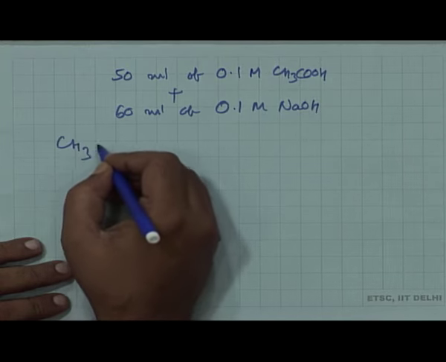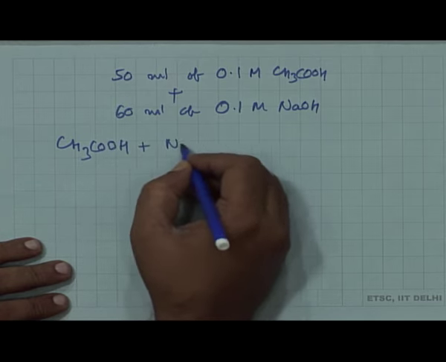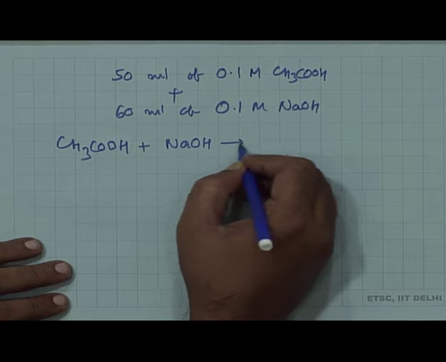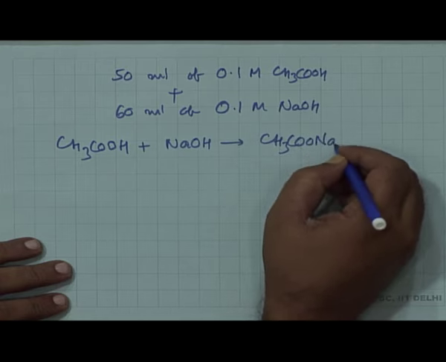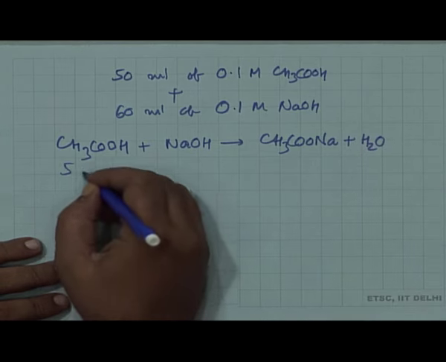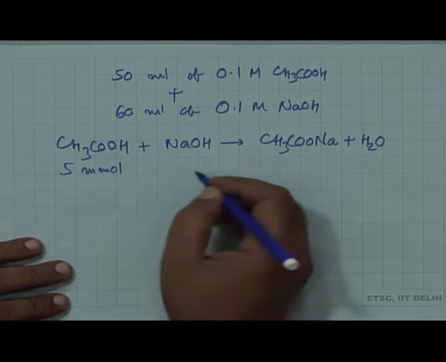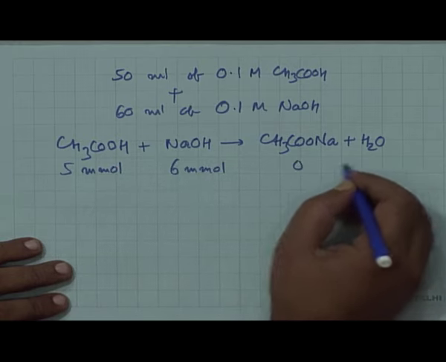So, if we again write the reaction, CH3COOH plus NaOH giving you CH3COONa plus water. We started with 5 millimole and this is 6 millimole, and 0.